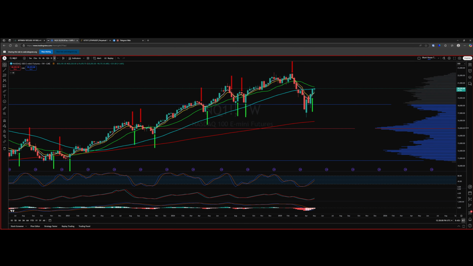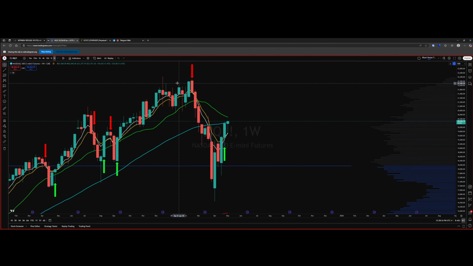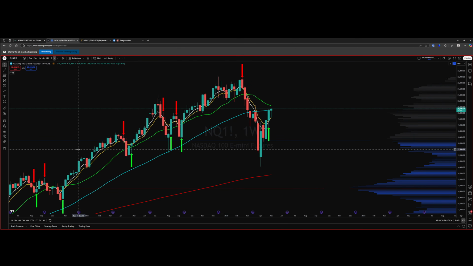So is this the first test of the 20 and the 50? Yeah. Right. There's our failure of the 20, there's our failure of the 50. Testing the 50. Now it looks like we want to maybe try to test the 20, but what's the takeaway?